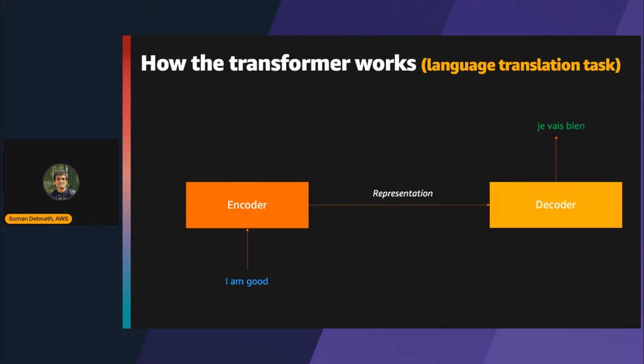It used to read word by word, processing sequentially, one word at a time. And that's where the problem used to start: since it was processing word by word, as the sentence length increased, it used to forget what it had learned in the initial part of the sentence. This is one of the problems which transformers solve.